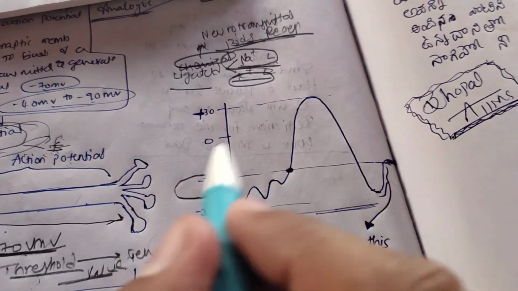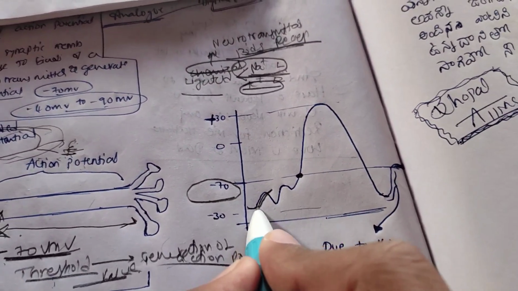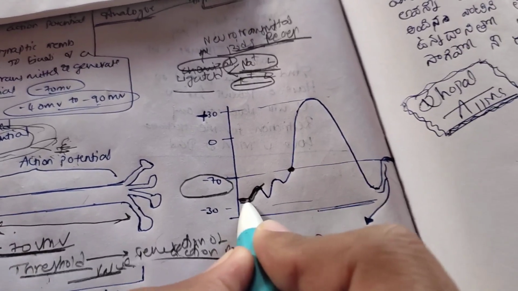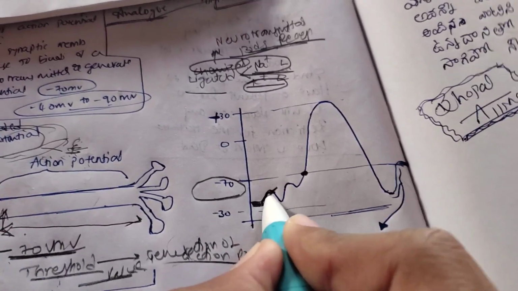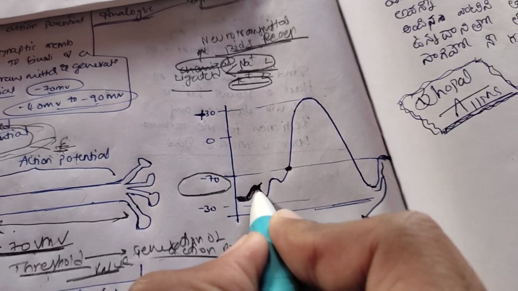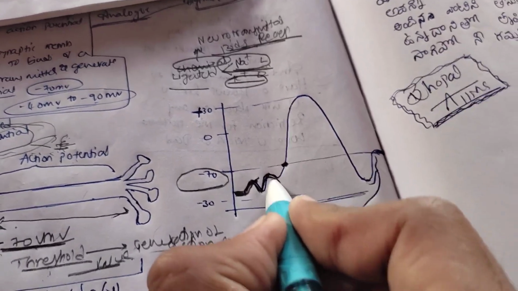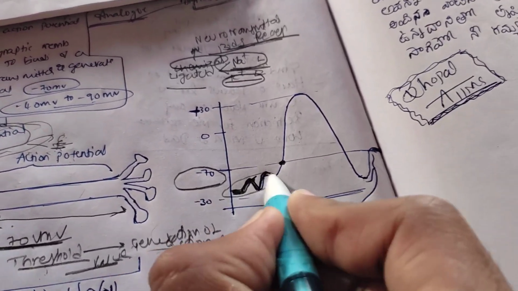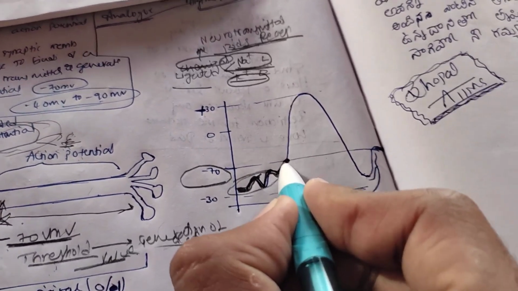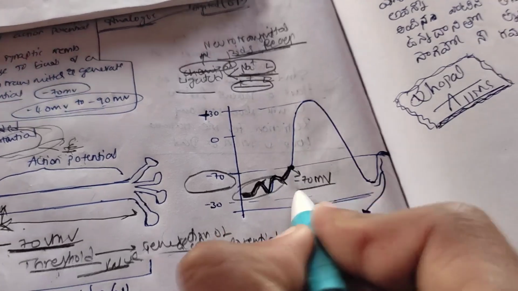This is excitatory, maintained by the ligated channels that are open. Some are inhibitory, excitatory, inhibitory, so it is called graded potential. By all this addition and subtraction, the threshold value is reached.